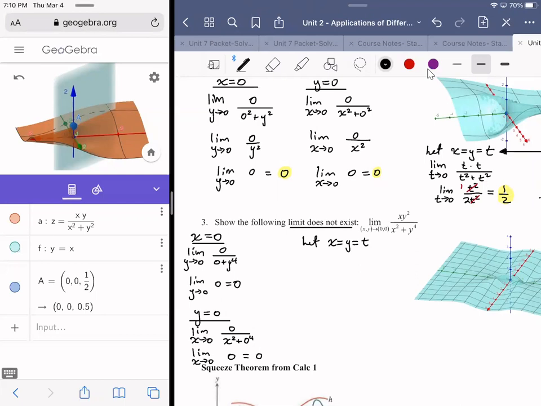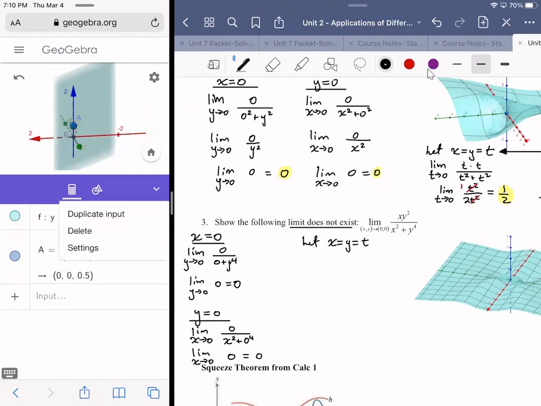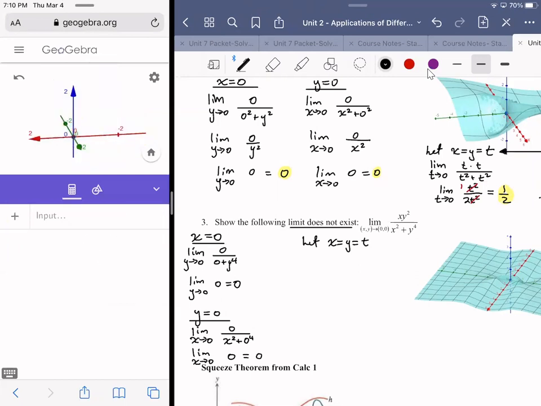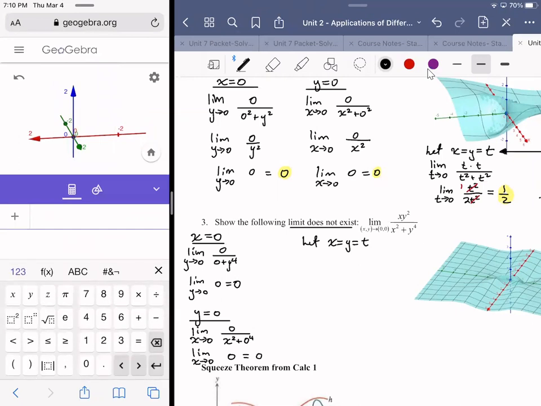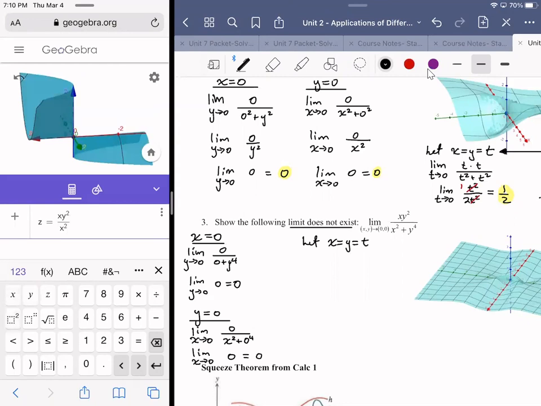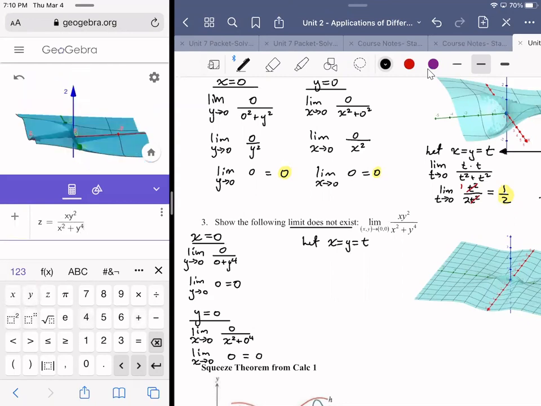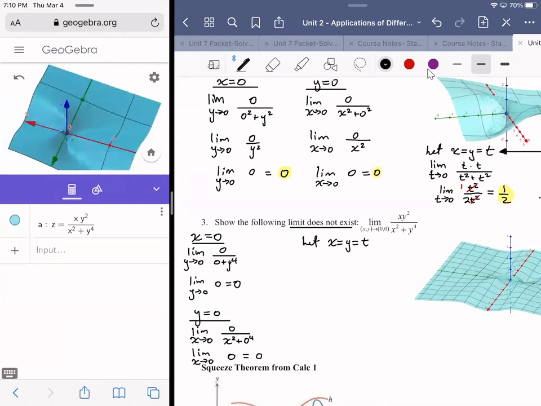All right. So let's get a visual on that. All right, so this is what that surface looks like. It's got a little wonk to it.